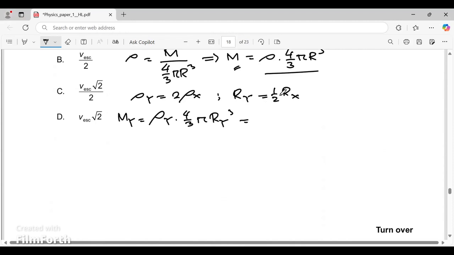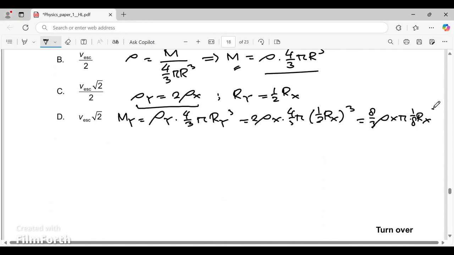And we can substitute this information. It becomes 2 rho X times 4/3 pi times 1/2 r X cubed, and it becomes 8/3 rho X pi times 1/8 r X cubed.